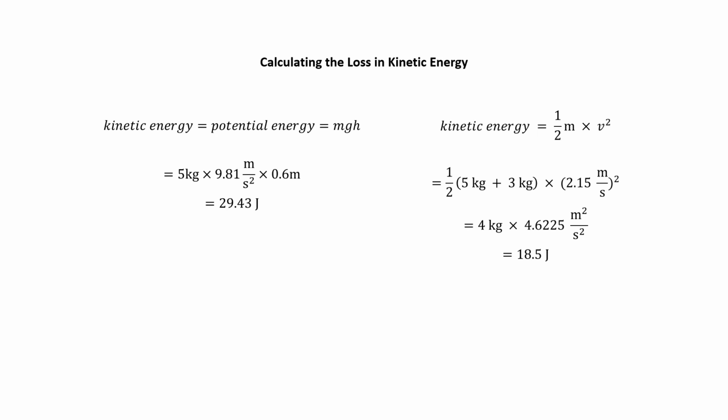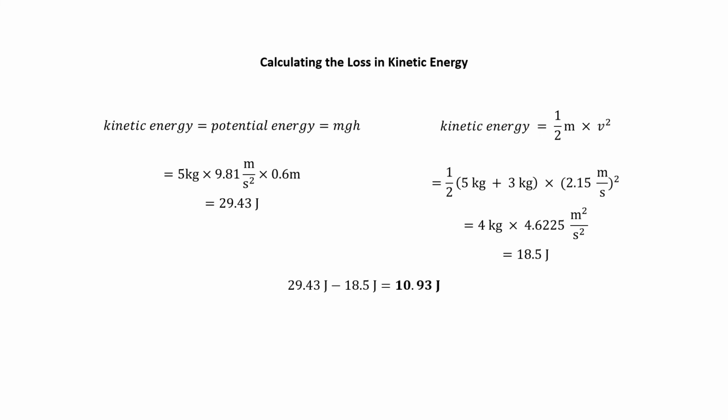Kinetic energy after impact may be calculated by multiplying half the mass of the system by its common velocity squared. Now, by substituting our known variables, we can calculate that the kinetic energy of the system immediately following impact is 18.5 joules.